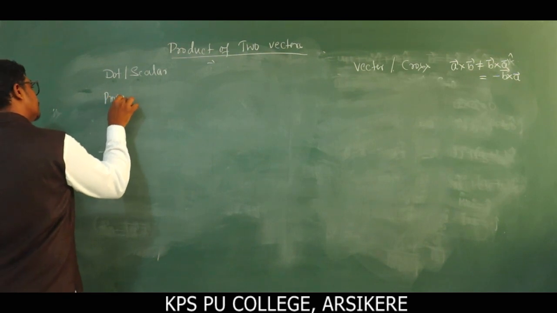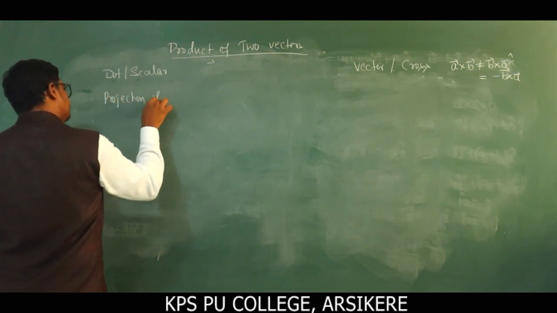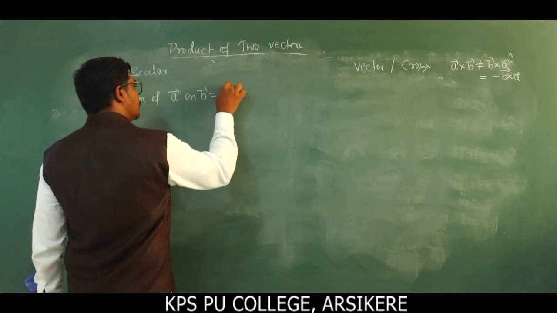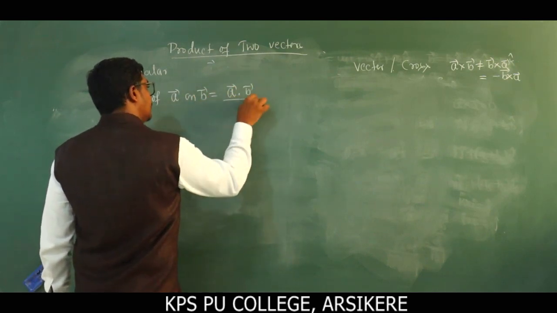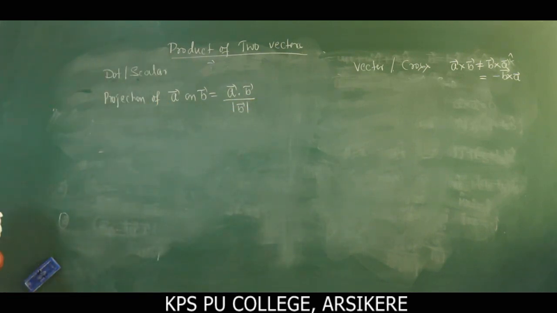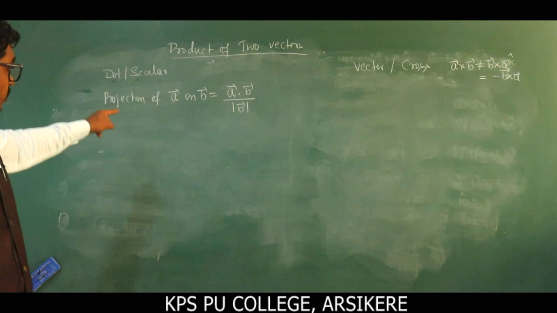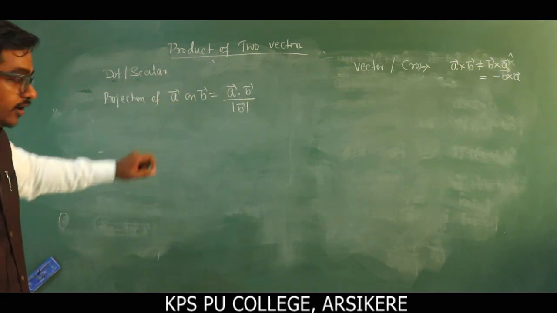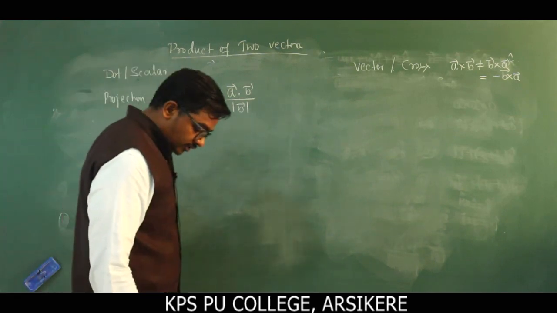The projection of vector a on vector b is just vector a dot b divided by magnitude of vector b. To find the projection of vector a on vector b, we use the dot product a dot b divided by magnitude of vector b.